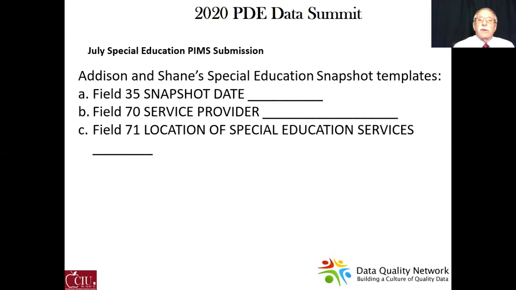So looking at both of their snapshot templates at the end of the year, the snapshot date is going to be June 30, not your last day of school. It's going to be June 30. That's the snapshot date. And the service provider is going to be me. That's my AUN. And the location of services is going to be my building number, the 9009.